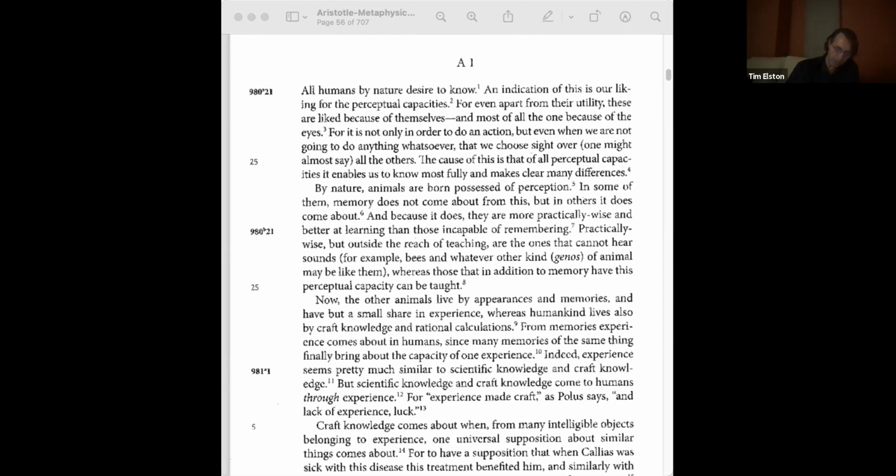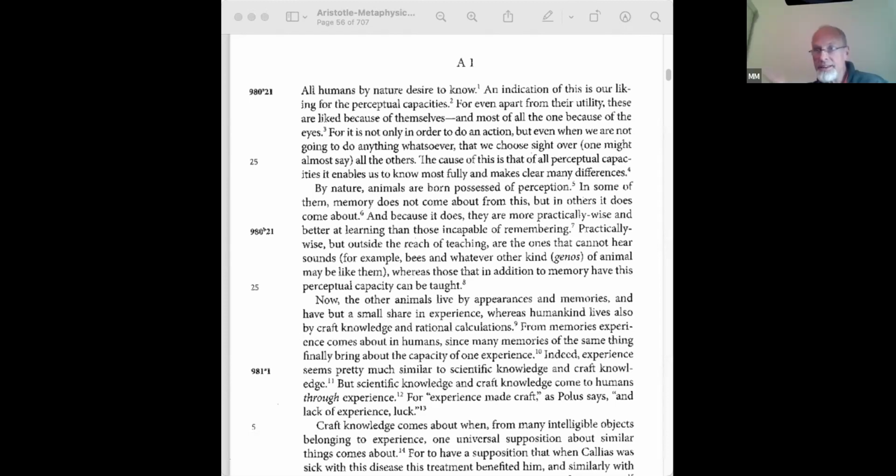That's where the unity comes, in craft knowledge about similar things. It's either there is no distinction between memory and experience, or no distinction between craft knowledge and experience, but not both. I'm not following this at all.